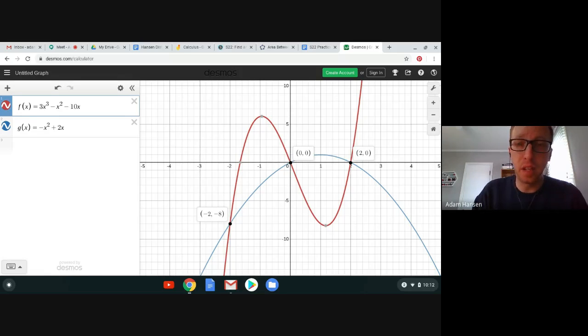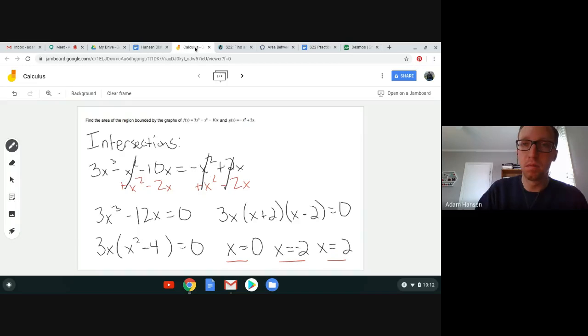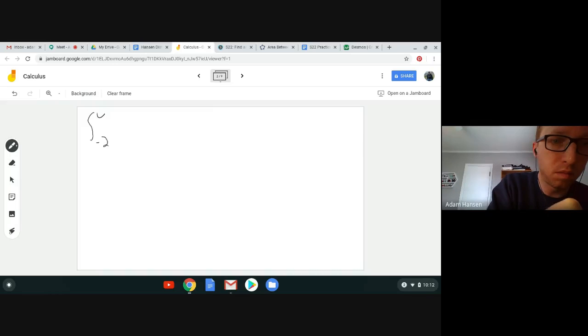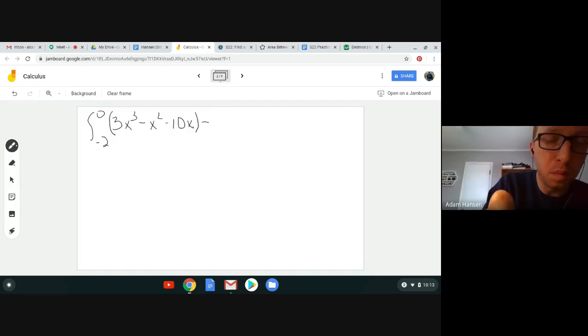So first, we're going to have to set up a definite integral from -2 to 0 of f minus g. Minus our second function, negative x squared, was that plus 2x?